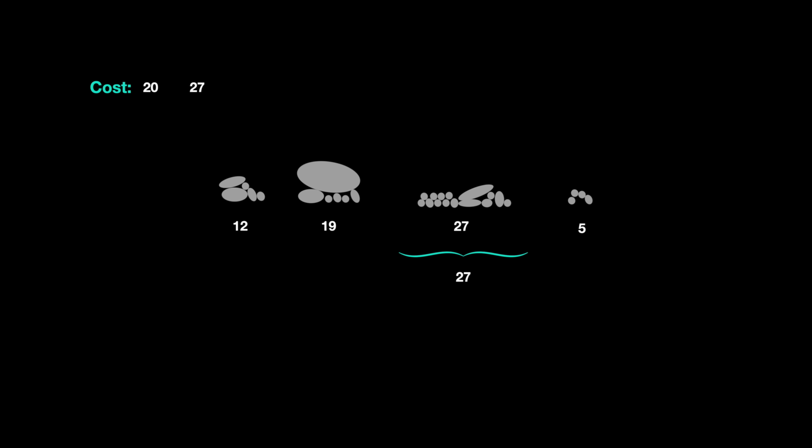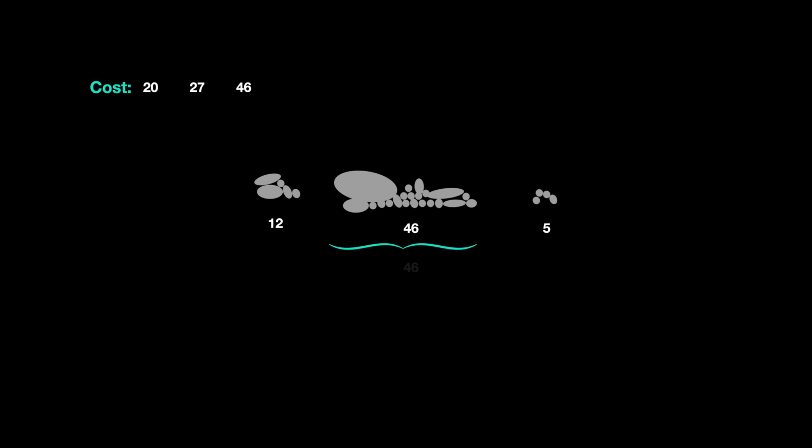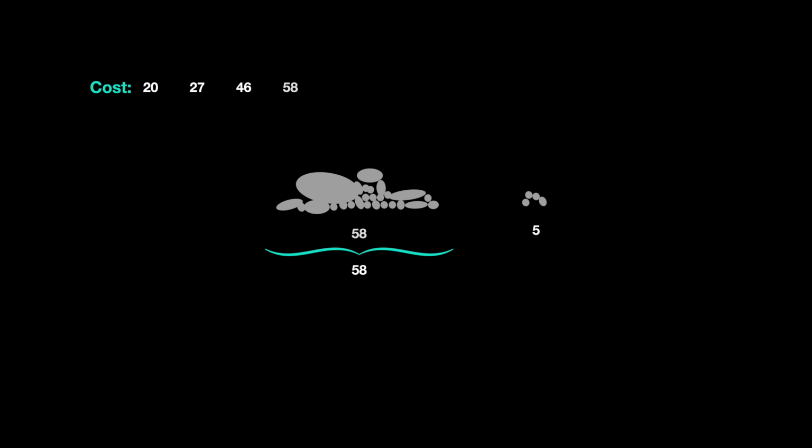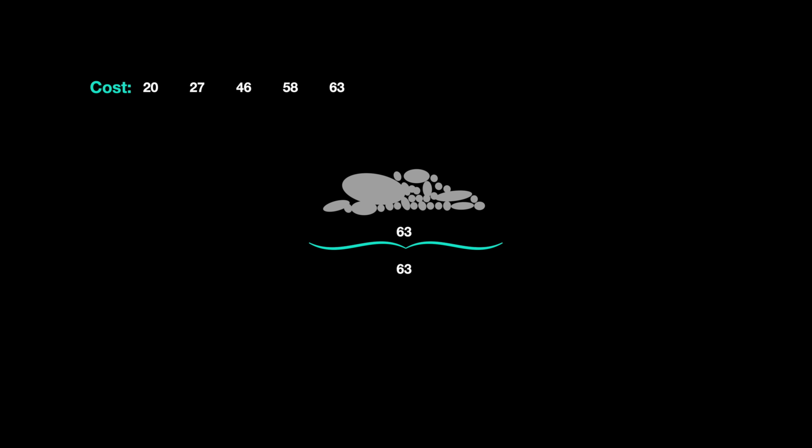This step costs 20 plus 7, which is 27. Then you can merge these two piles. It costs 46. Then maybe these two piles, which cost 58. Finally, merge the last two piles with a cost of 63. Sum up the cost of every single step, we get a total cost of 214.